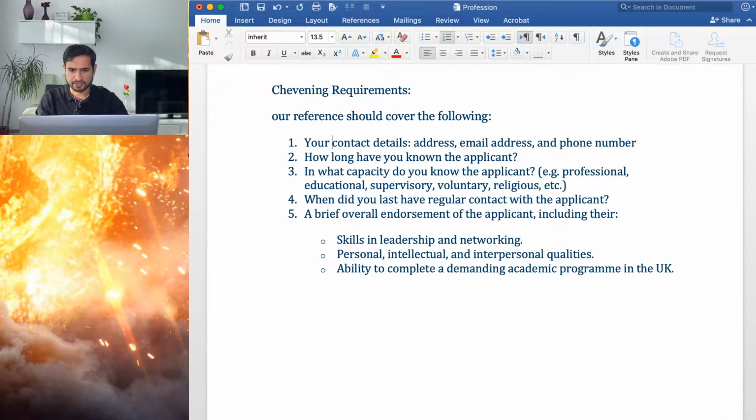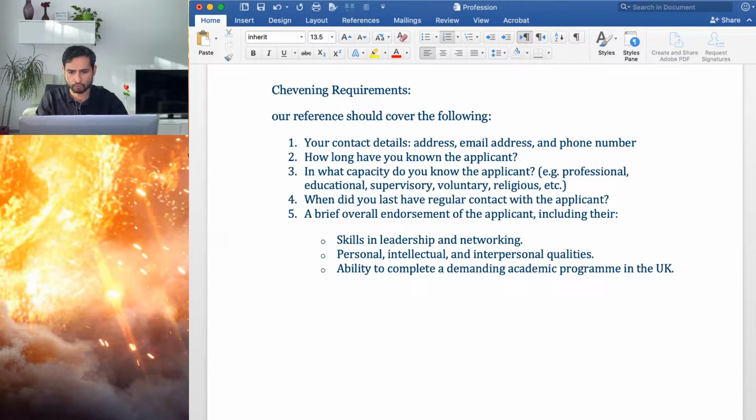Our reference should cover the following: your contact details, address, email address, and phone number. How long have you known the applicant? In what capacity do you know the applicant? Professional, educational, supervisory, voluntary, religious. When did you last have regular contact with the applicant?